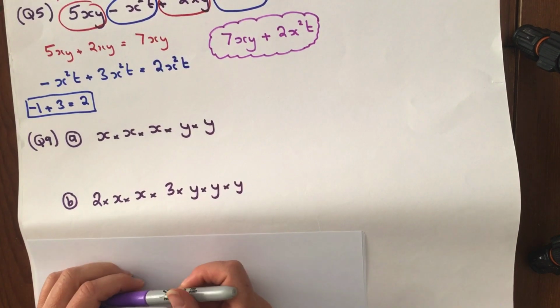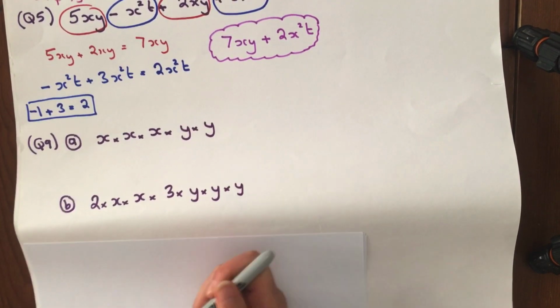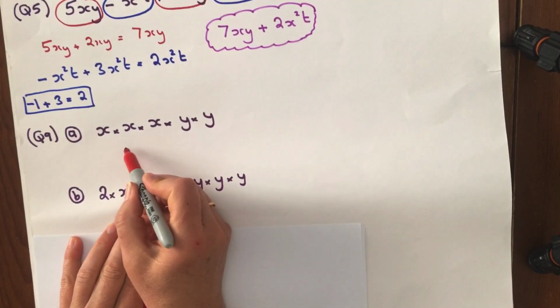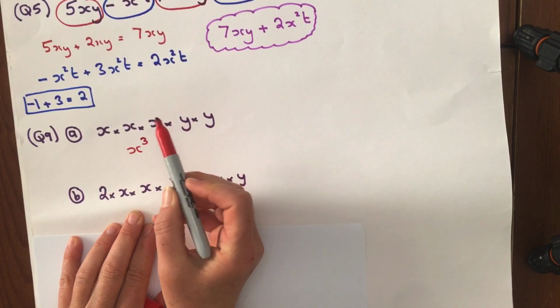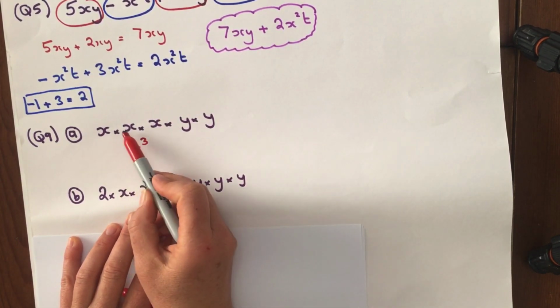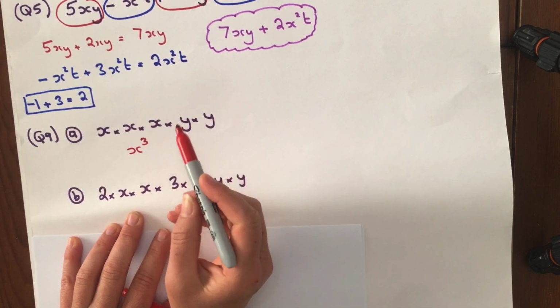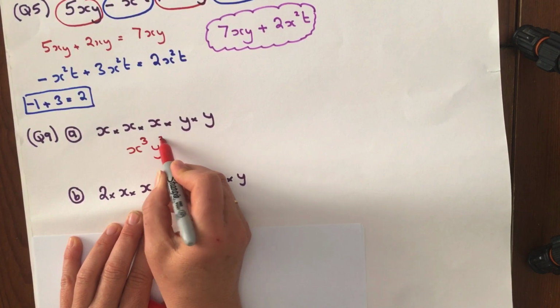Right, question 9. So here I have got x times x times x, which will give me x to the power of 3, because I'm timesing them. It's not 3x, which some people thought, but it's x times x again. And y times y is y squared.